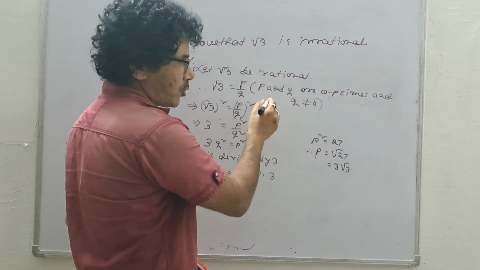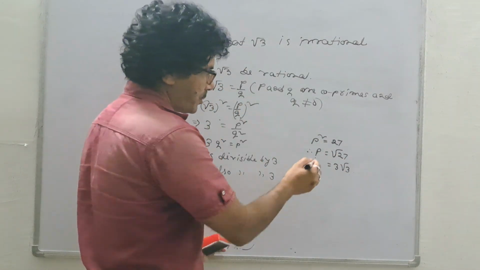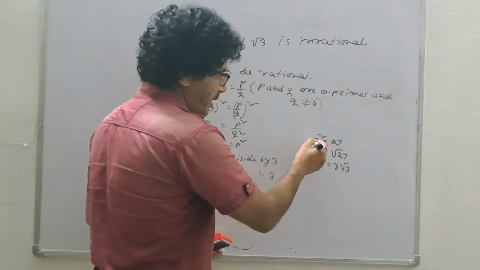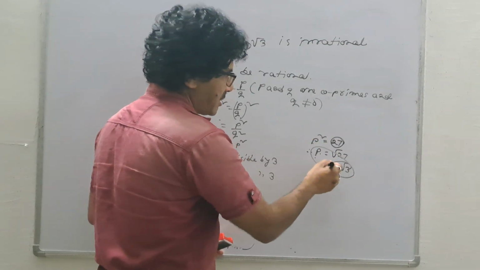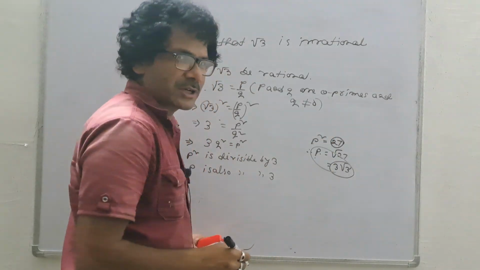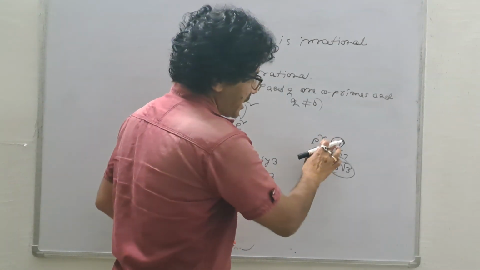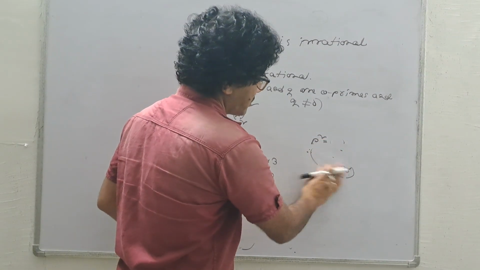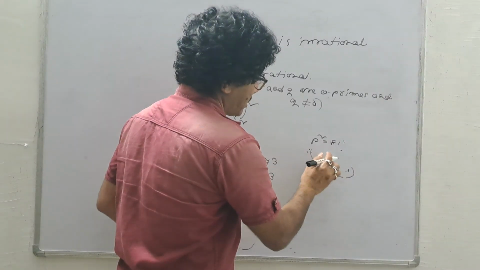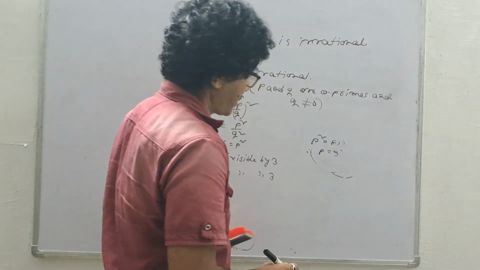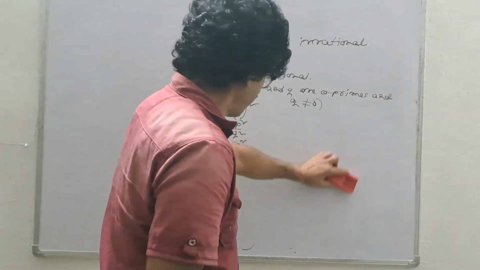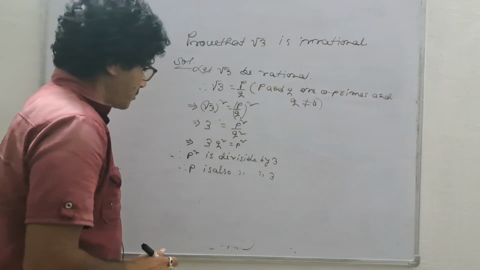P and q are co-primes means p and q are integers, so p must be an integer. If I take p squared equal to 27, p is not an integer. So p squared cannot be 27. It can be 9, or it can be 81. If I write 81, then p is equal to 9, and 9 is also divisible by 3. So if p squared is divisible by 3, then p is also divisible by 3.